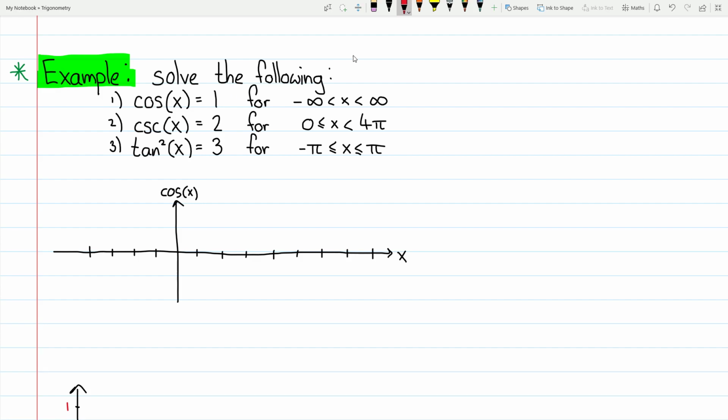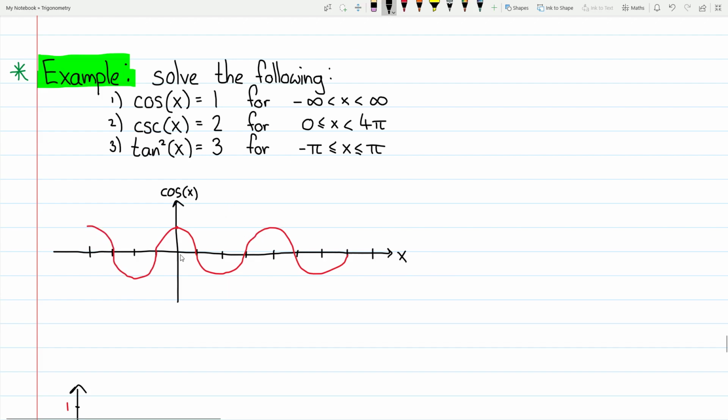So here we go. We have some problems. Let's do cosine first. Again, what does cosine look like? Well, we start at 1, and then we go up and down and up and down, between -1 and 1. And similarly, we can go in the opposite direction.